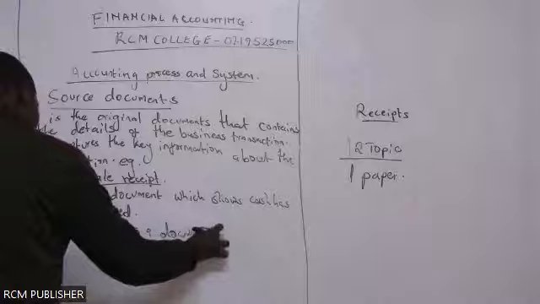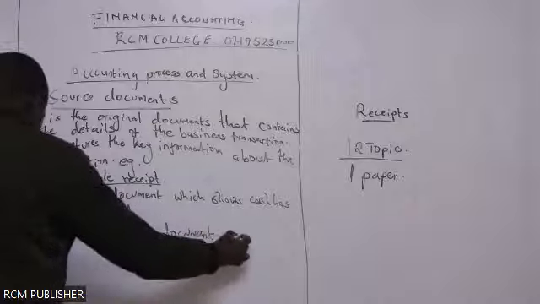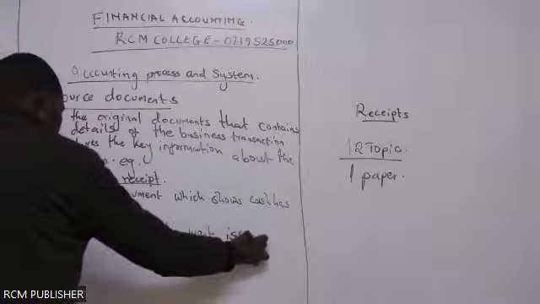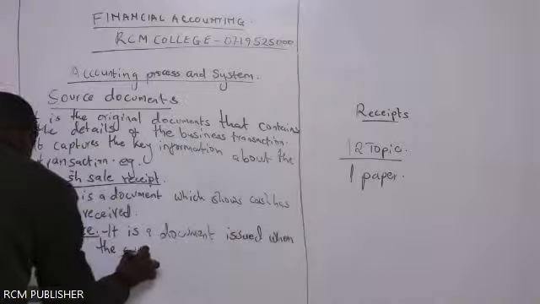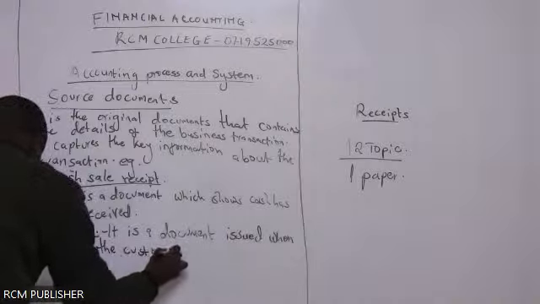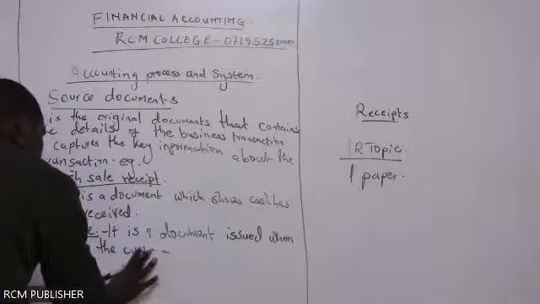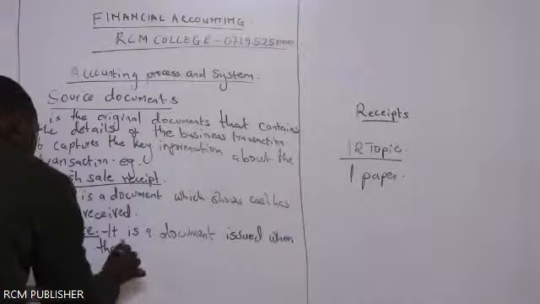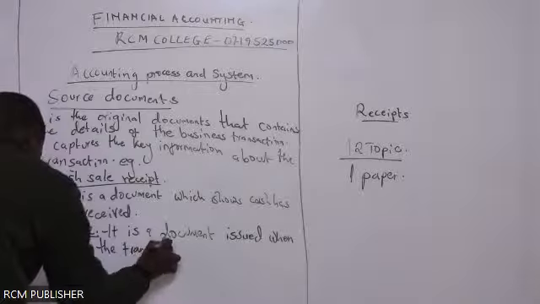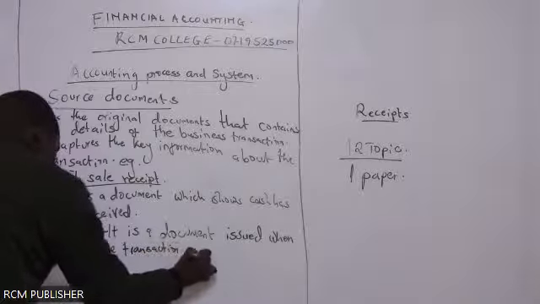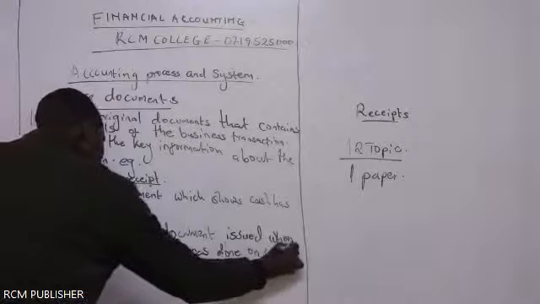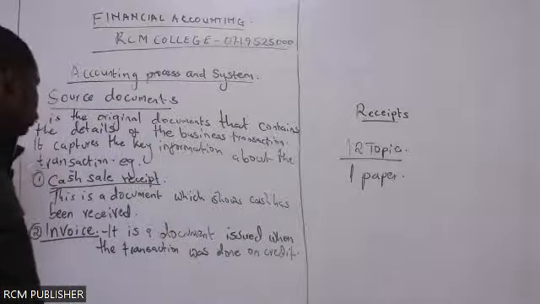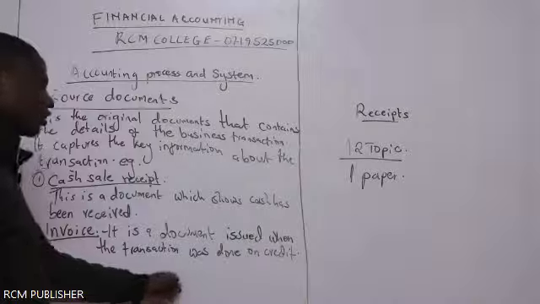This is an invoice, a document issued when the transaction was done on credit. What does that tell us? This is a document issued when the transaction was done on credit.